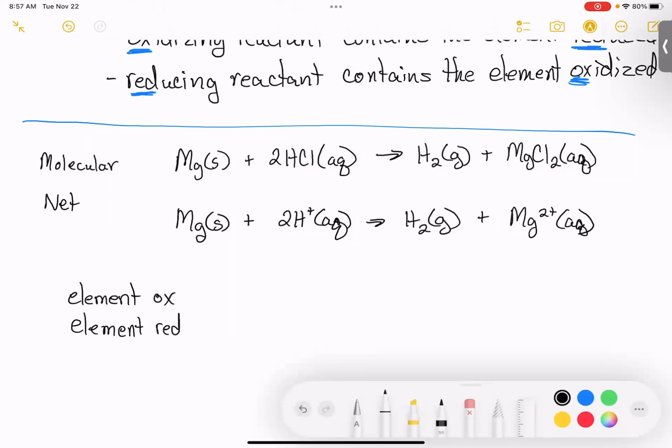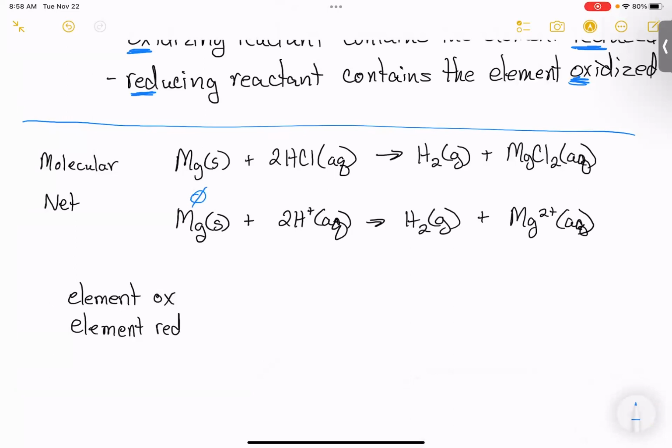So with our magnesium in our net ionic reaction, the magnesium solid is a compound all by its little lonesome, and that compound is neutral. So what is its oxidation state? It has a 0 oxidation state. H+, this is an ion. So what's its oxidation state?